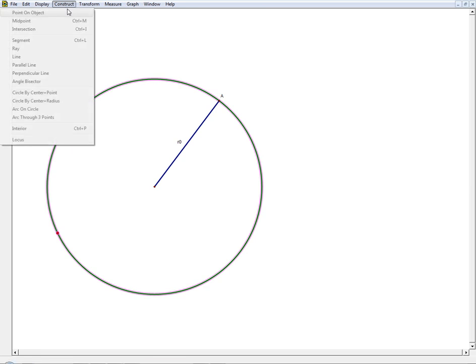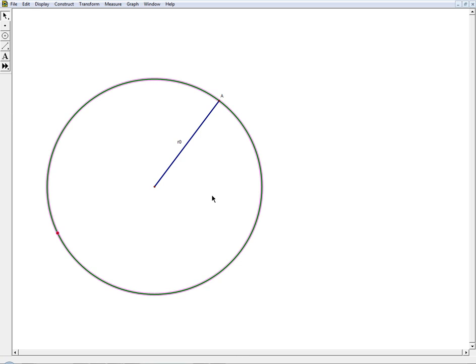I've got to do construct. Oh, you already have a dot on there. I know, but I want another dot on there. Construct point on circle. Okay, so where's my other? They're right there. But I don't want them over there. I want them about over here. Okay? And now let's construct these 2 points, and we'll construct a segment.